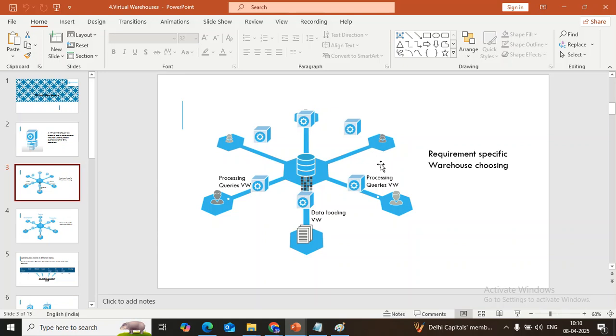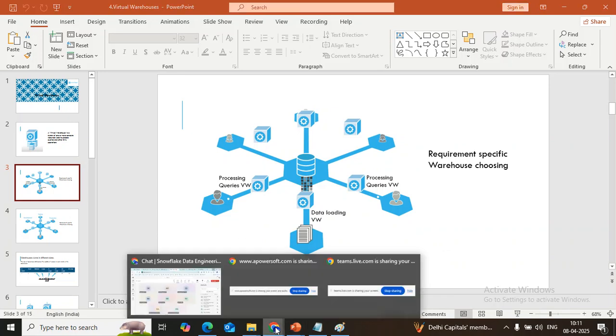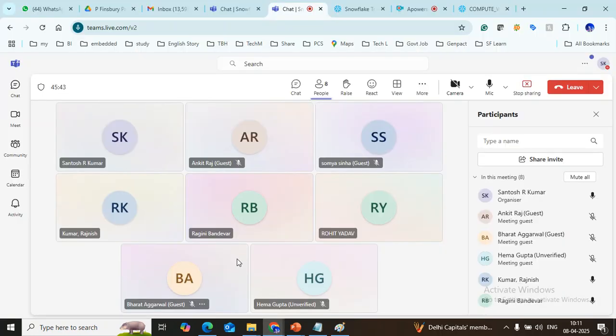So does everyone know what an environment is, the technical term in data engineering? Please tell me. If anybody doesn't know, please don't hesitate to ask right now.